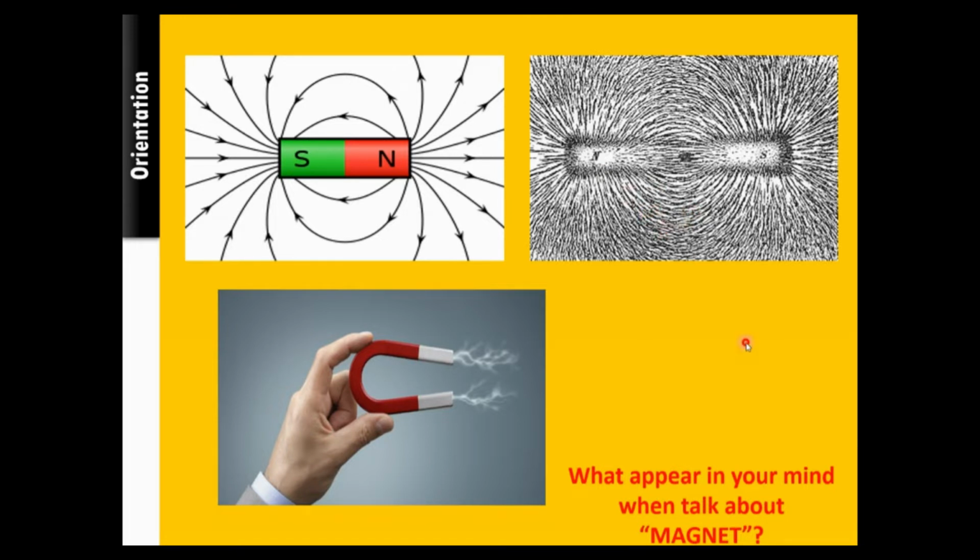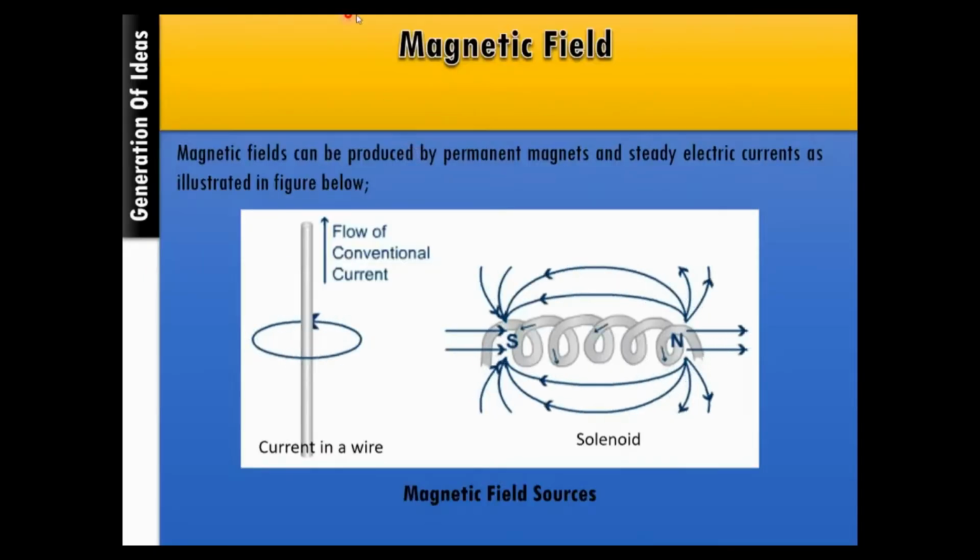The source of the magnetic field is not just restricted to the magnet bar actually. The magnetic field is produced by permanent magnets, like I said just now, and steady electric currents, as illustrated in the figure below. When you have a conductor with current flowing, it will generate magnetic fields around the current element.